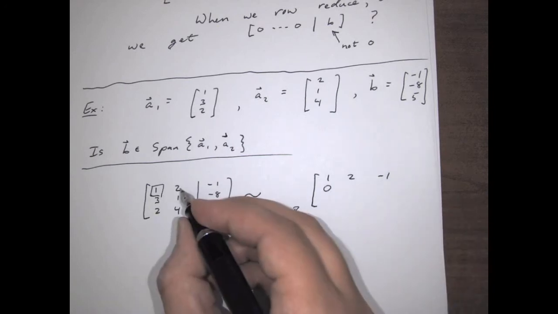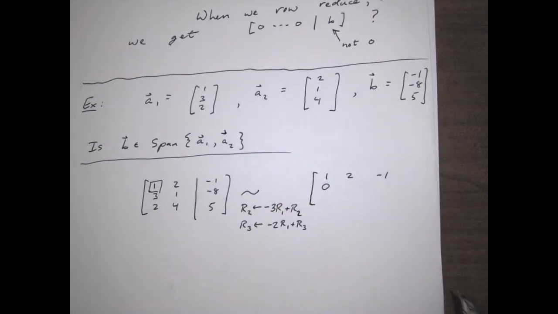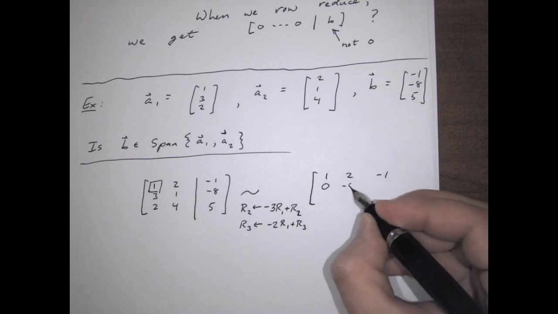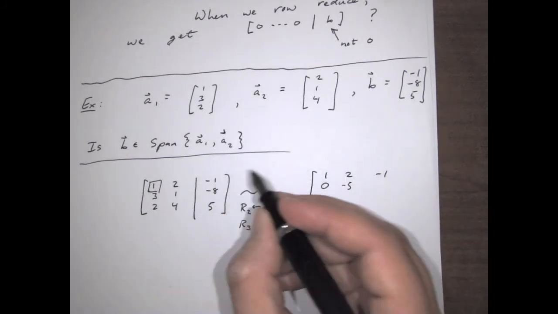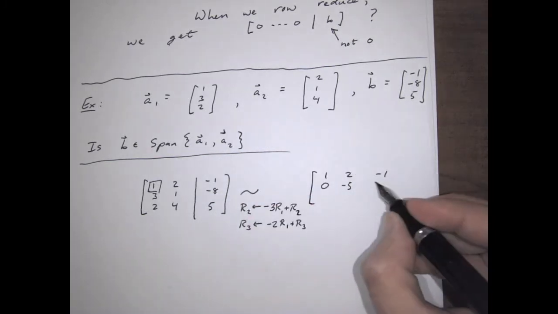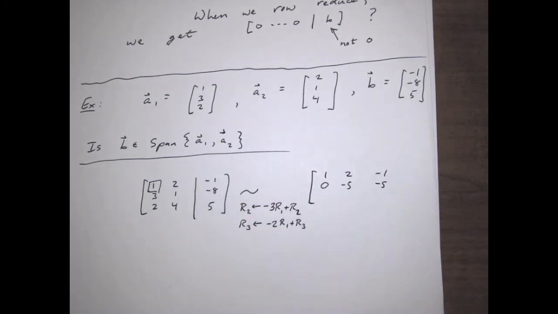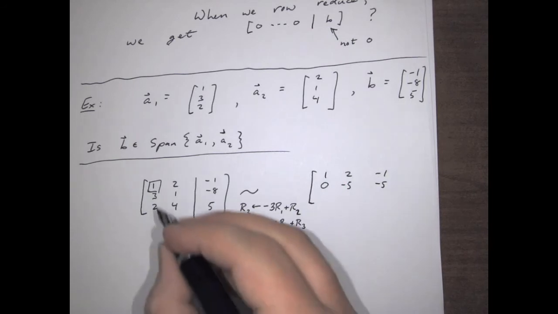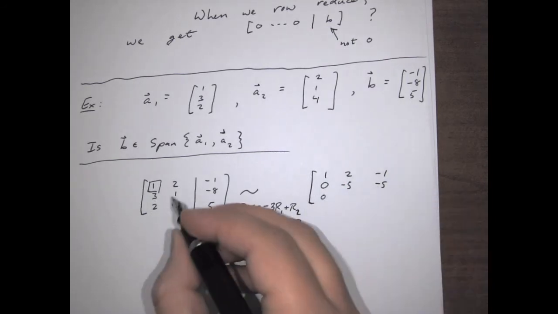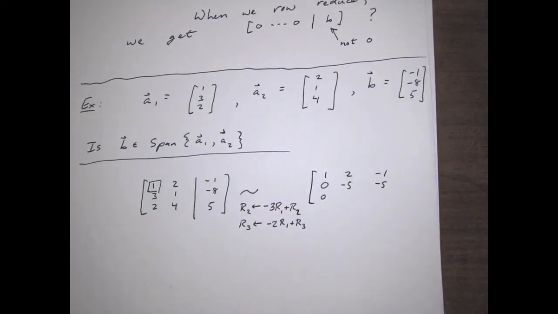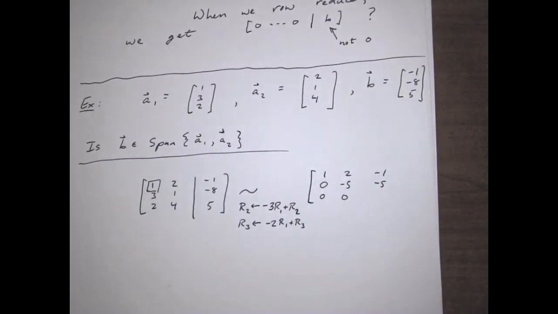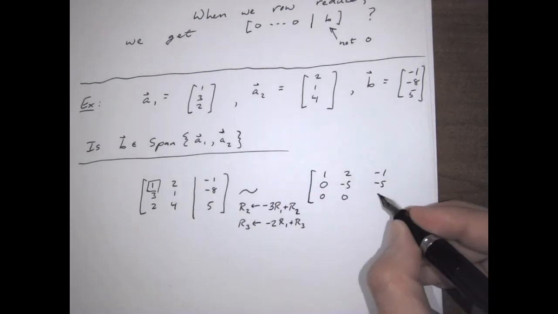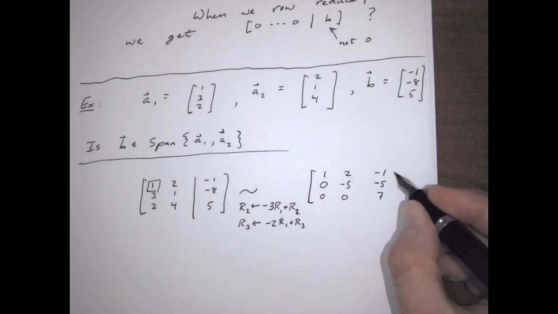And now -3 times 2 is -6, plus 1 is -5. -3 times 1 is +3, plus -8 is -5. And then the next row, 0. -2 times 2 is -4, that makes it 0. -2 times -1 is +2, plus -2... plus 5 makes a 7.